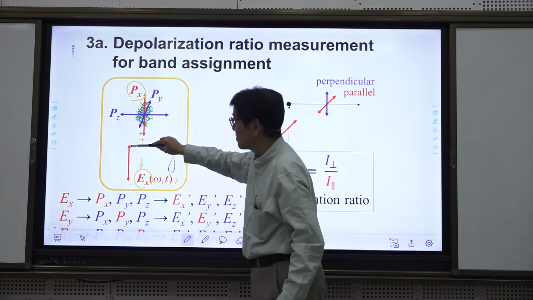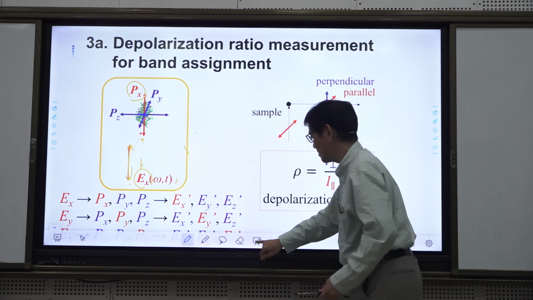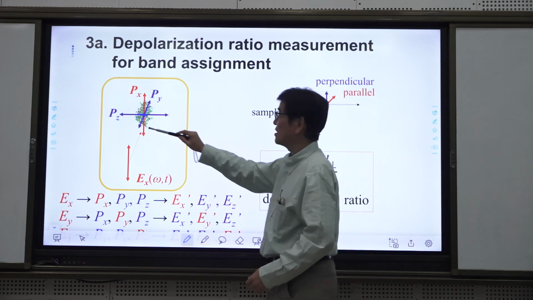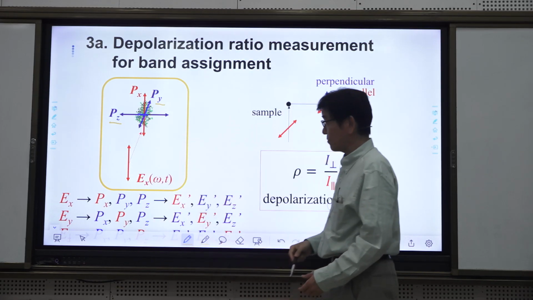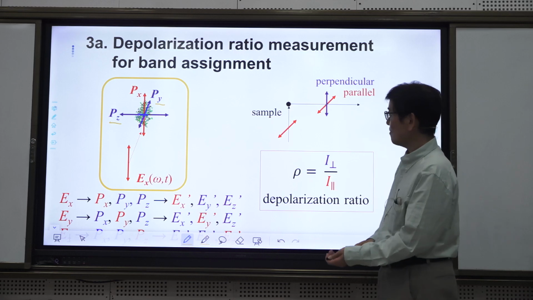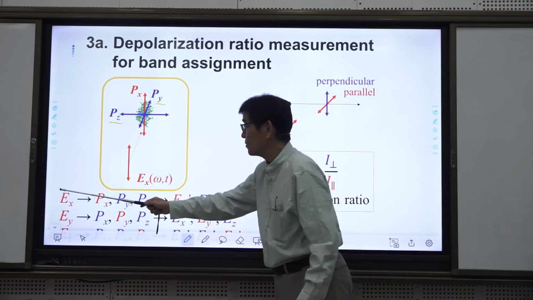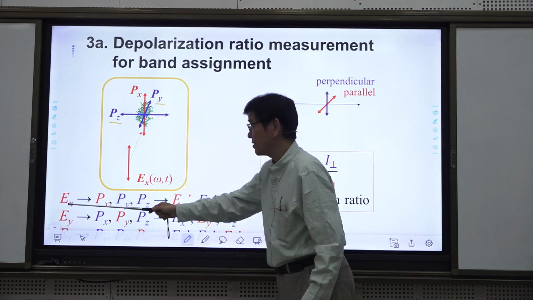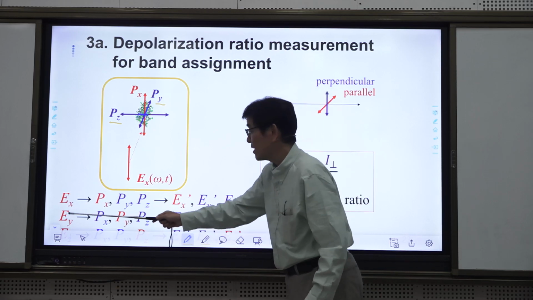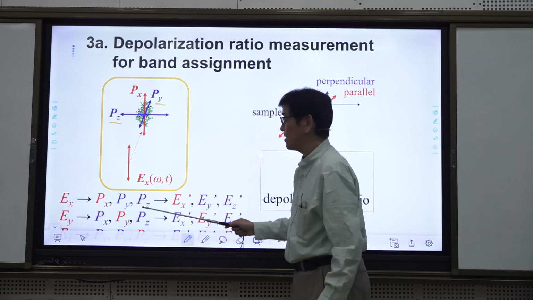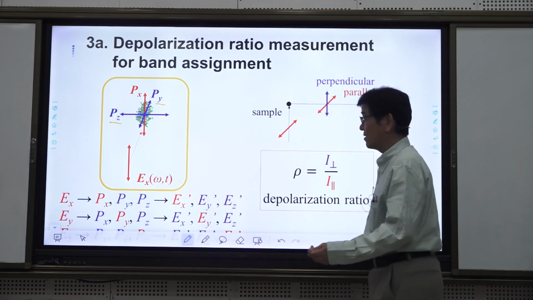So sometimes the X electric field induces Y and Z polarization. So an electric field along the X direction induces X, Y, Z, and the Y direction induces X, Y, Z, and the Z direction induces X, Y, Z. Okay?